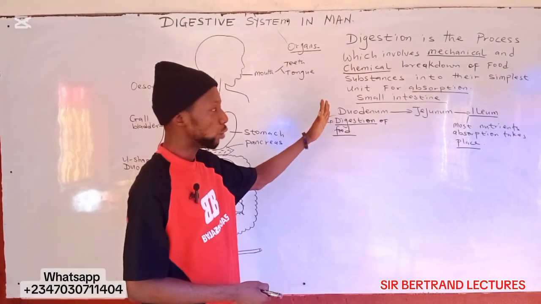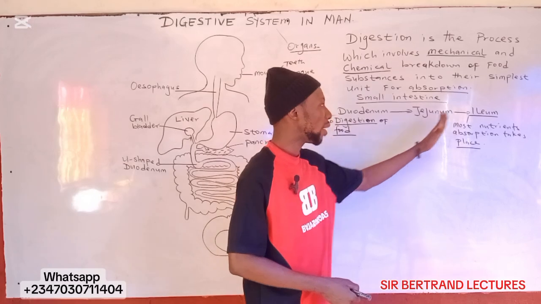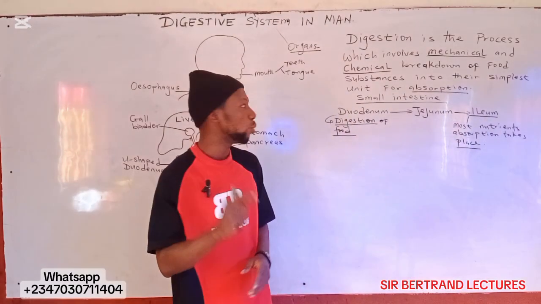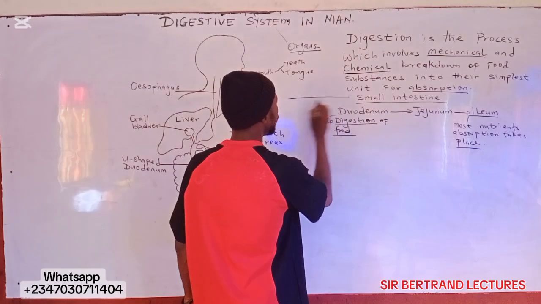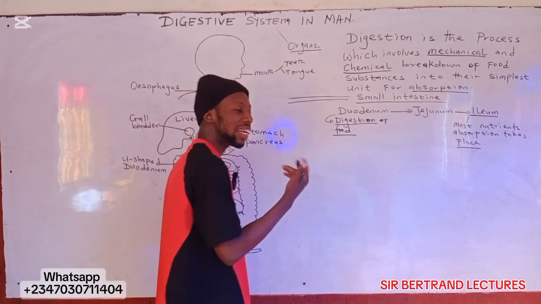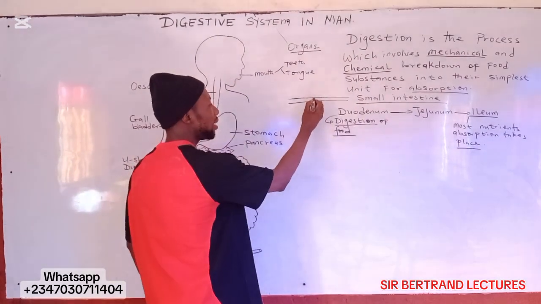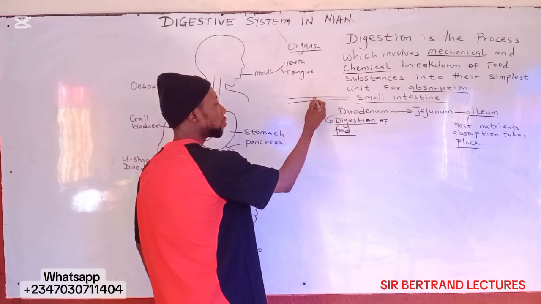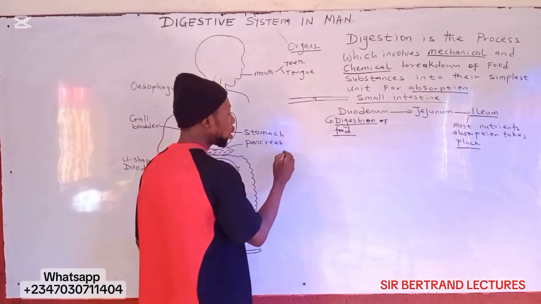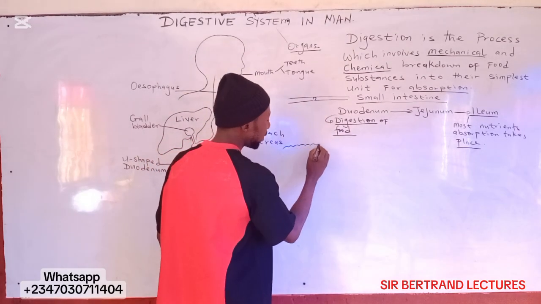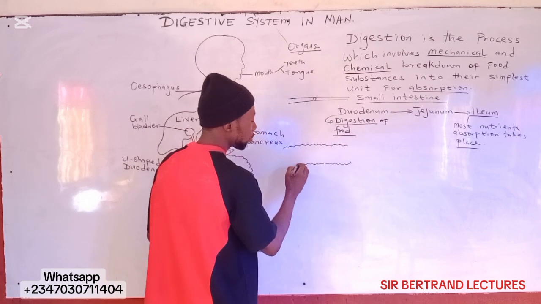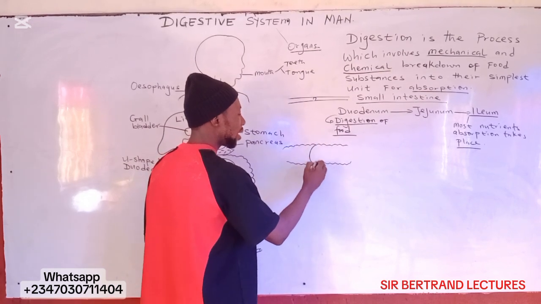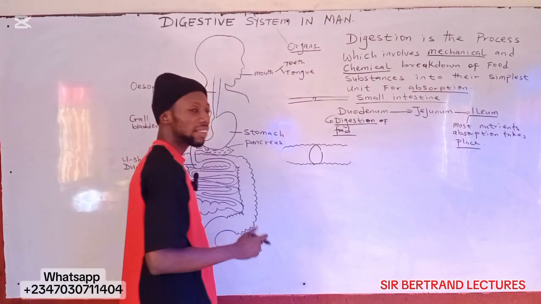The parts are duodenum, jejunum, and ileum. Take note, it is called small intestine because of its small diameter. The diameter here is very small compared with the large intestine. Look at the large intestine here on the board. As you can see, the large intestine has a larger diameter.